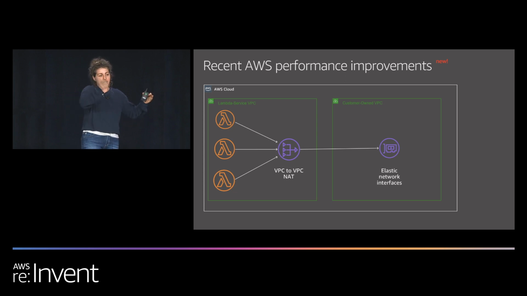So like right now, if you went into your console and you changed the VPC settings, you attached it to a VPC, that's the moment when the ENI gets created in your account. So this obviously creates a huge difference in the performance, because now when you execute that function, it can just create a network tunnel to the existing, pre-created ENI, and you don't have to wait for it anymore. So this has drastically increased the speed at which your Lambda executes and also decreased the duration, so latency has decreased.